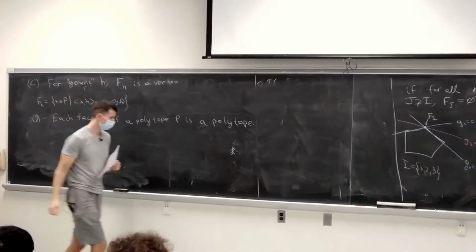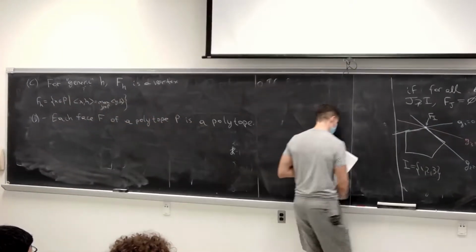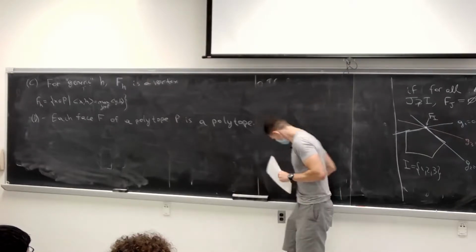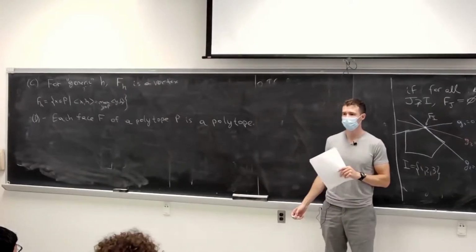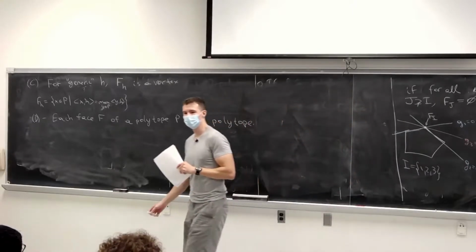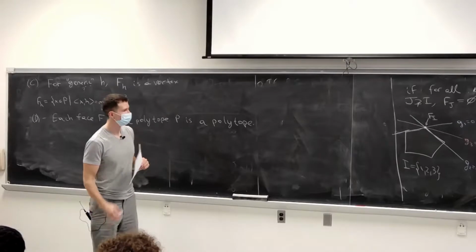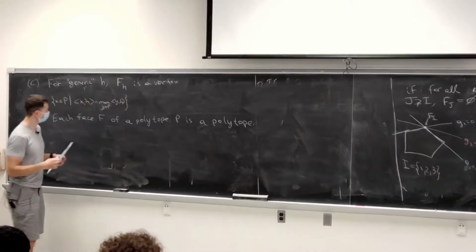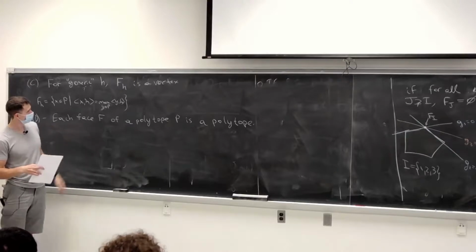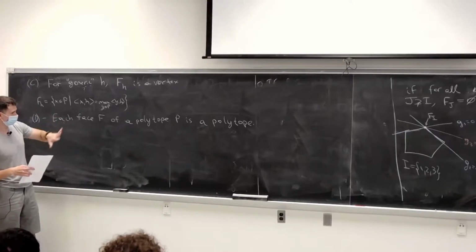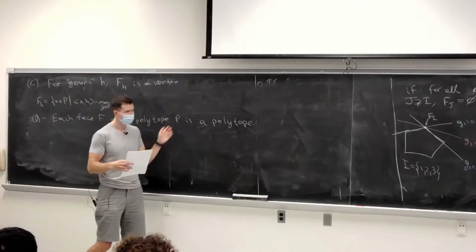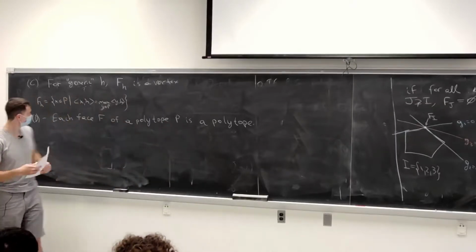How do you prove this? Right, each face is obtained from P by intersecting it with some bunch of affine hyperplanes. So we already mentioned that the result is going to be a polytope. Good.